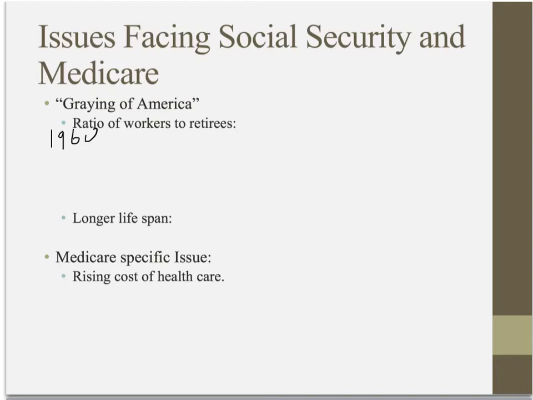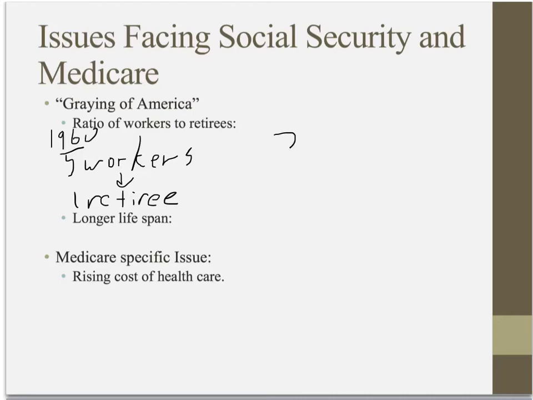So we have 5 workers for every 1 retiree, which means that you have 5 workers, let's say they put $10,000 a year, that's a large number, but a round number for you, $10,000 a year into the bank account. And there's only 1 retiree taking out their small amount of money to pay for their Social Security.